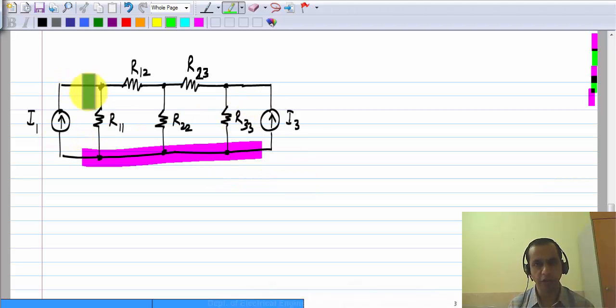And I1 is the current source being pushed into node 1, and I3 is the current being pushed into node 3.